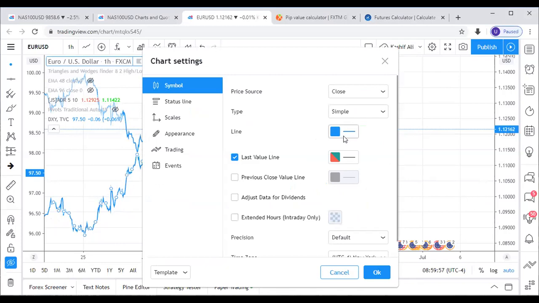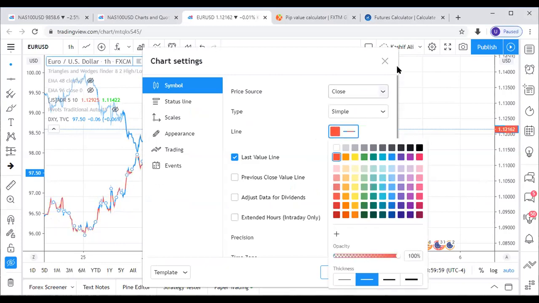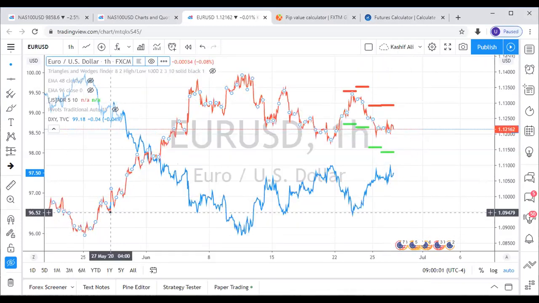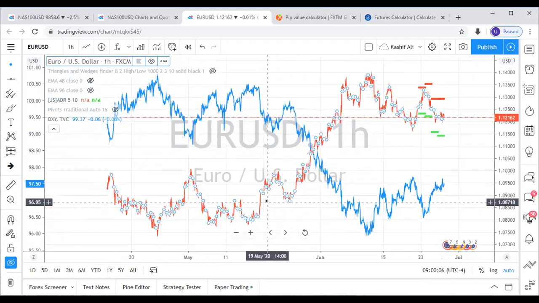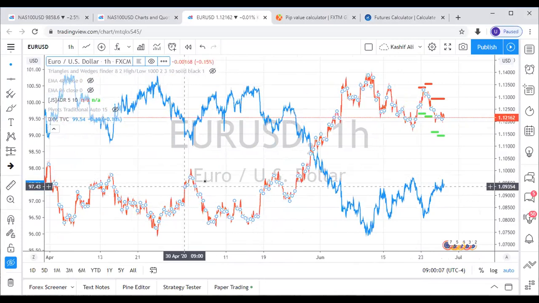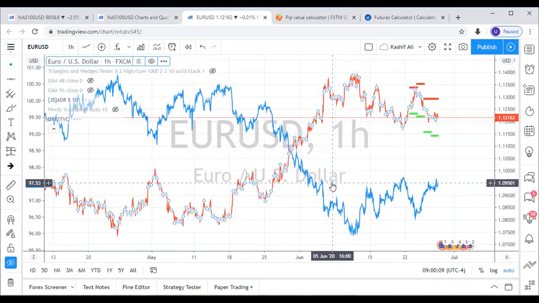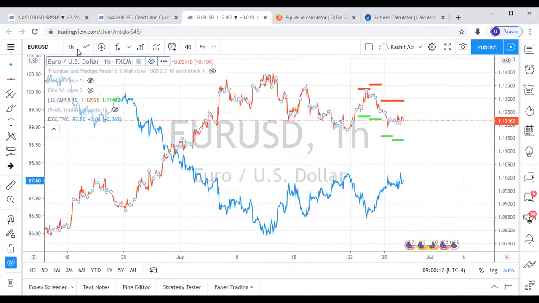Yeah, so the red line is DXY. And let us go to the 15-minute chart.